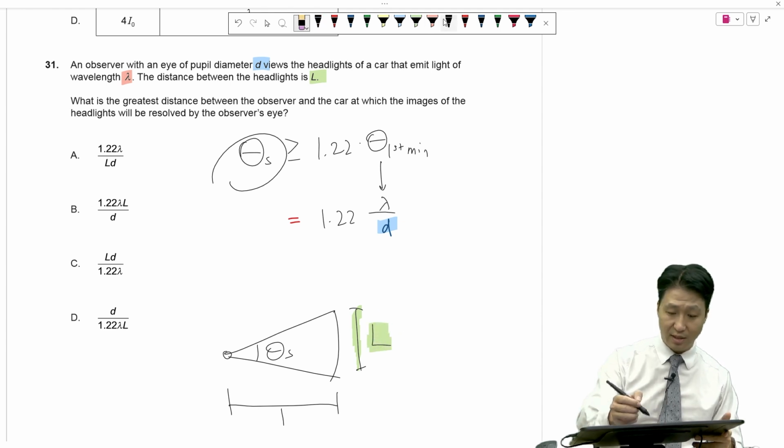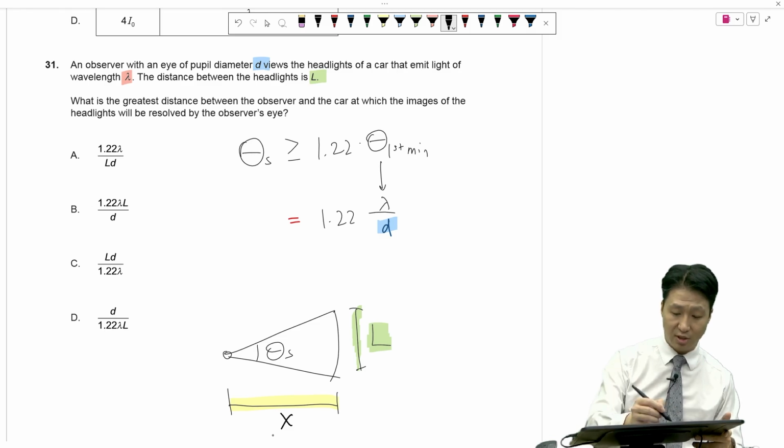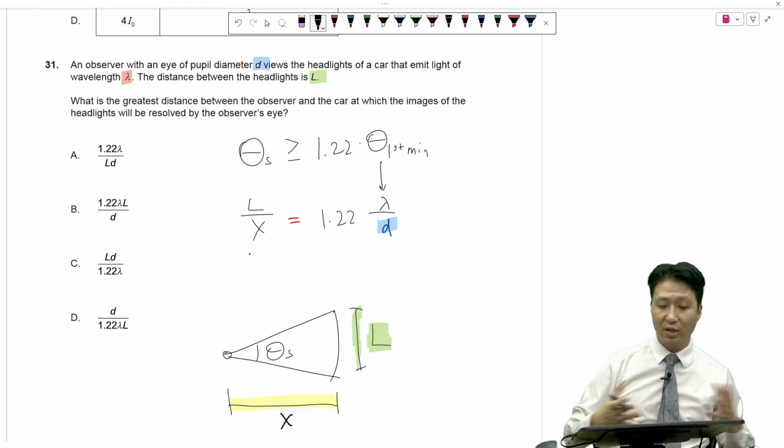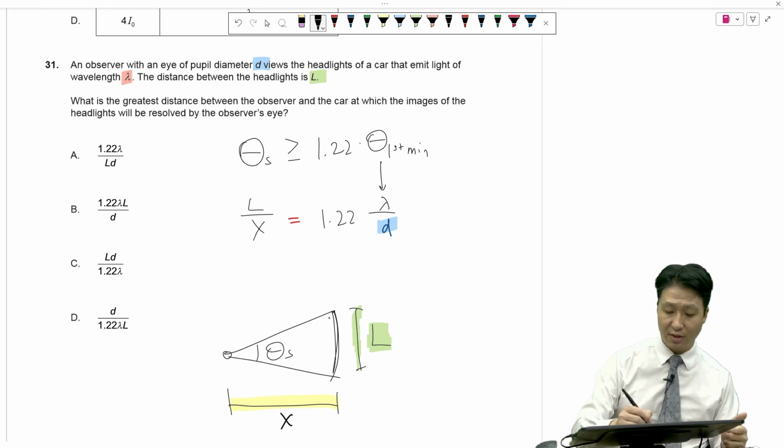Next, the distance. This is the distance that we have to find, so it's highlighted in yellow. Let's call this X. So it will be L over X. This is the small angle approximation for this arc.